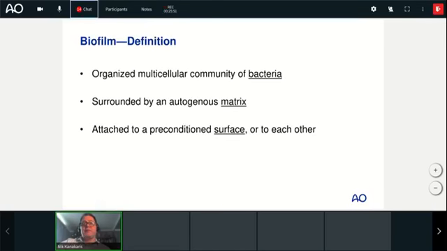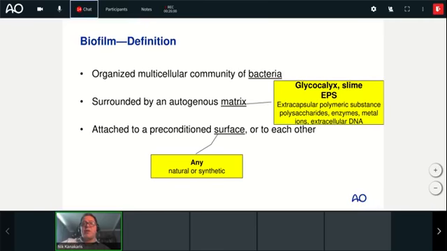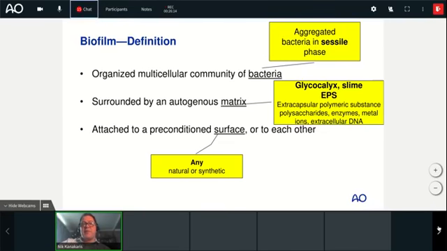What it is, obviously, is a cluster of cells in a matrix on a surface. And which surface? It could be any surface, natural or synthetic. The matrix is produced by the bacteria themselves in their metabolic cycles, as well as from the host response, obviously. The bacteria are clusters of bacteria in a special phenotype state.